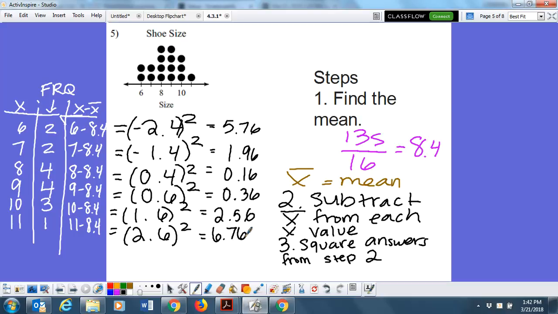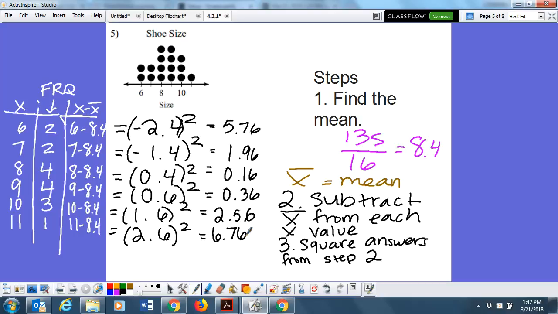So we're trying to make it shorter. Otherwise, you're going to have to do 6 minus 8.4 squared. We did this in 2 steps instead of 1. Then you have to do it again, and so on. So if you want me to do it the long way, I totally can.